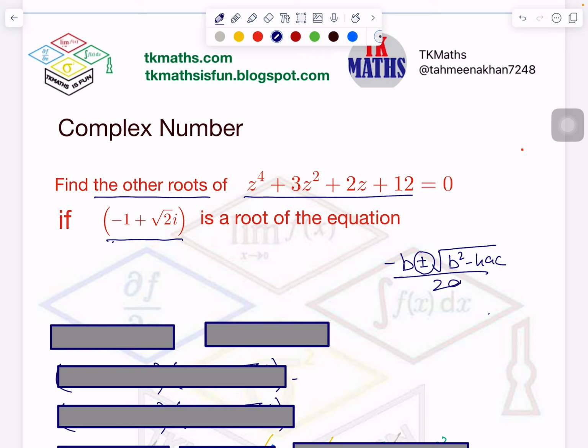Because of this plus minus sign, if one root has a plus sign, it is understood the other root will have a negative sign. So automatically I got 2 roots of this equation, right? Let's see what are the roots other than these.